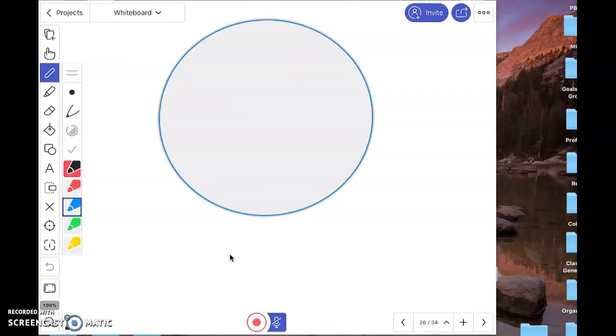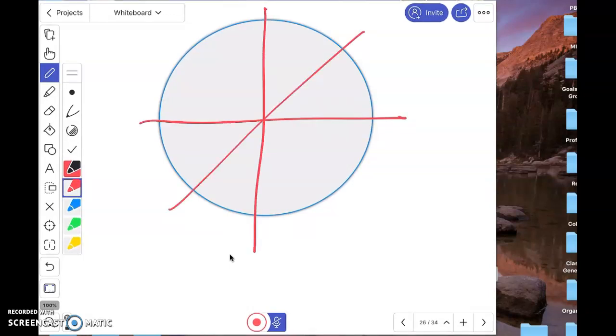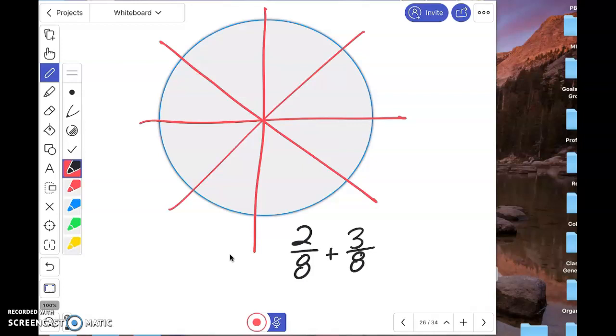You can also look at this in terms of circles. So let's imagine it's cake. You know I love me some cake. So I have a cake. Let's say it's broken into eighths, and we're going to model me eating 2/8 plus 3/8. Let's pretend that I didn't eat that much cake, because that's probably not a healthy choice.